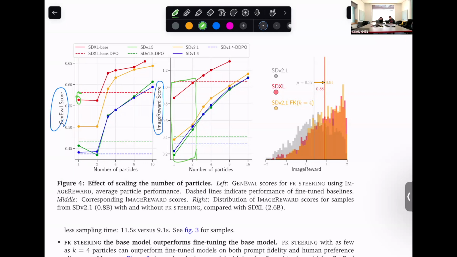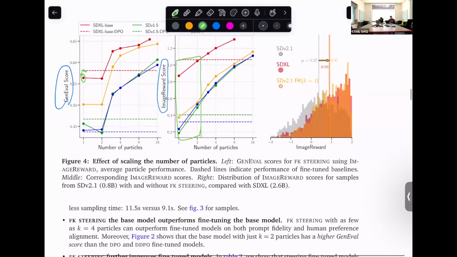You could say that maybe GenEval is more discontinuous, because image reward is some holistic image fidelity, preference-trained thing, whereas GenEval is like the cup is to the right of the other cup. So maybe you need at least 3 samples to hit upon a sample that would actually unroll to the cup being to the right of the cup.